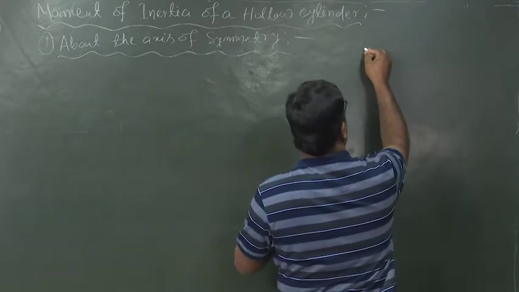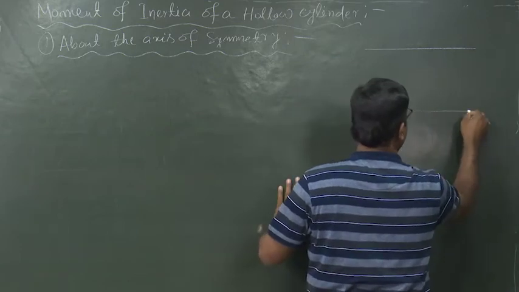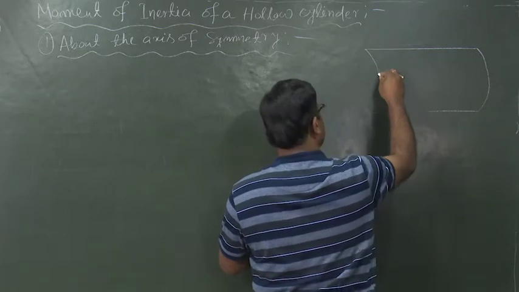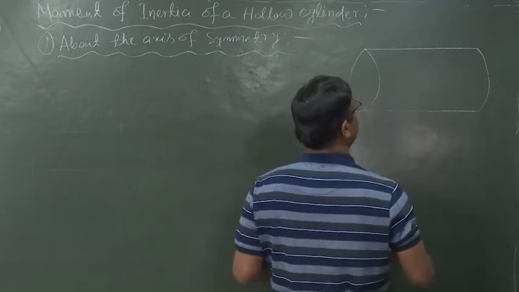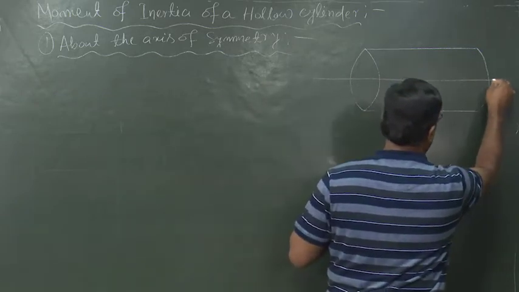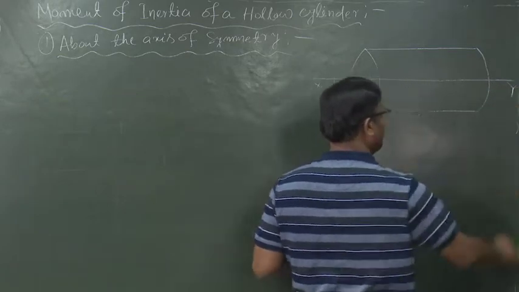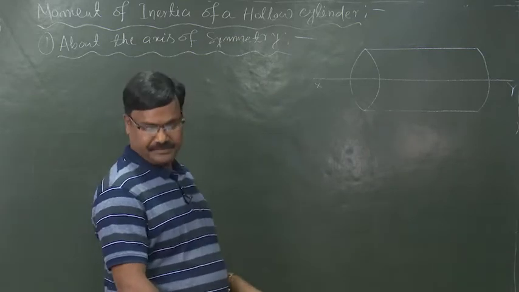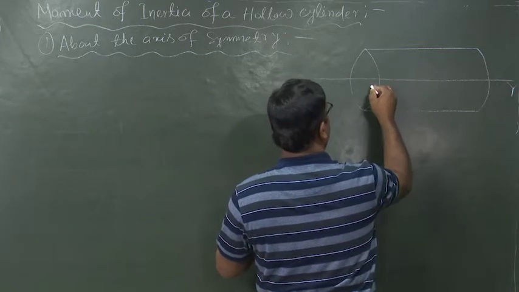Let this be the hollow cylinder whose moment of inertia is to be calculated about the axis of symmetry, and this is the axis of symmetry.